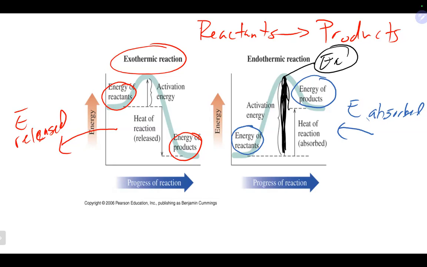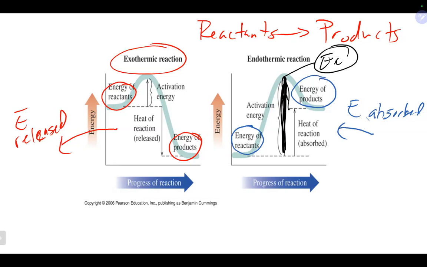Just like you can walk a small little hill, but a giant mountain you want to get up and over to the other side, you're probably not going to make it as quickly. There is also only a proportion of molecules under normal conditions that have enough energy to get up and over to the other side. So having a much larger activation energy usually means the reaction would occur a little bit slower.